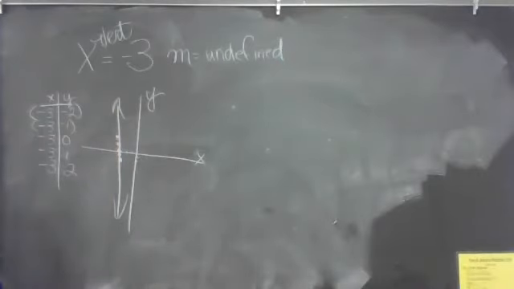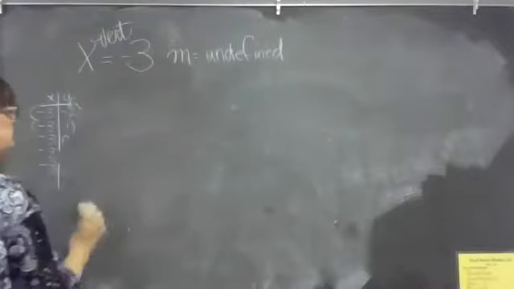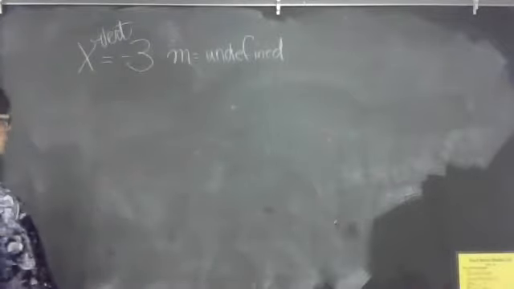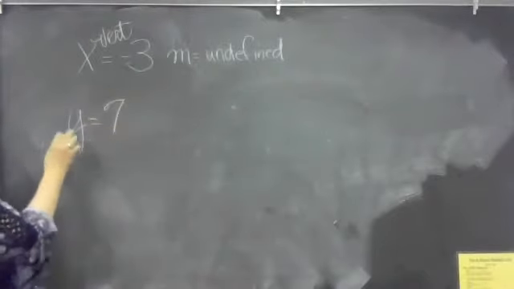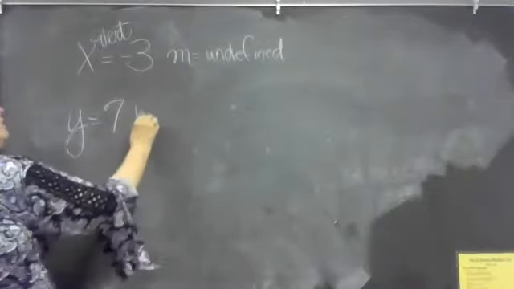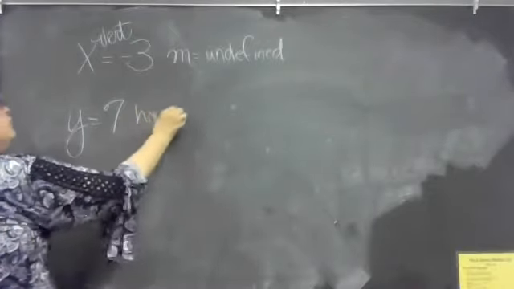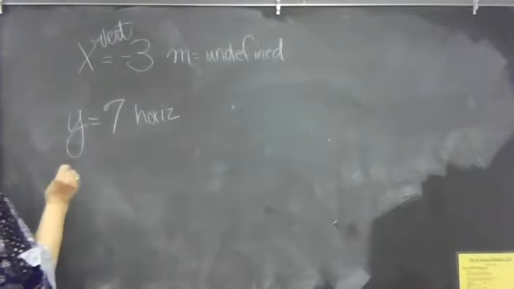So if we want to put the other stuff in your notes also, I'll write it up here. So if we have y equals 7, you just have y, then this is going to be a horizontal line. Use these notes because you're going to be using them on this and the next page, I think.